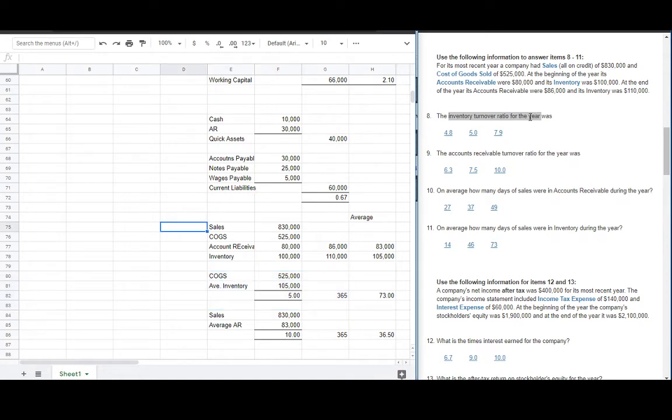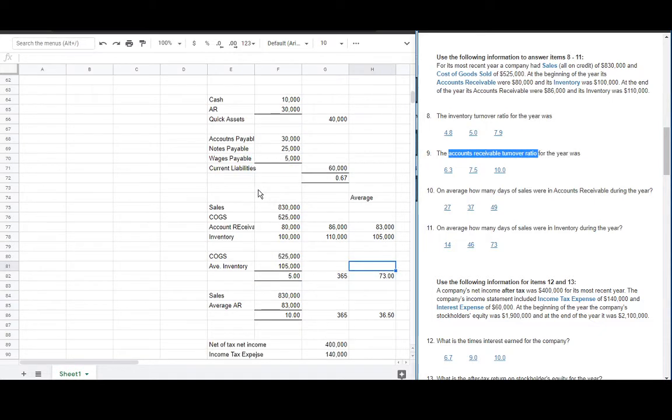It's finding the COGS of 525 divided by average inventory of 105, we get 5. And so what is the turnover ratio for the year? So we divide this into 365 days in a year, we get 73. What is the accounts receivable turnover ratio? Okay, the formula for that is sales 830 divided by average AR of 83, which is 80 plus 86 divided by 2.